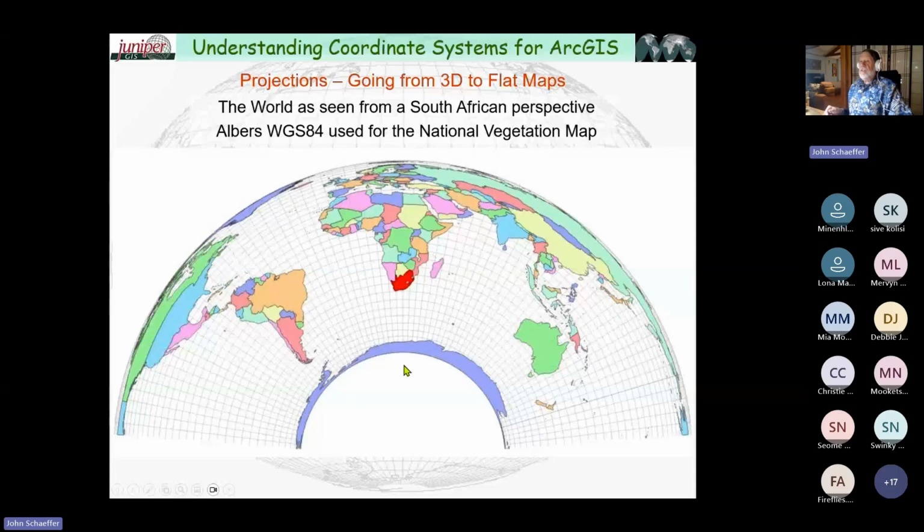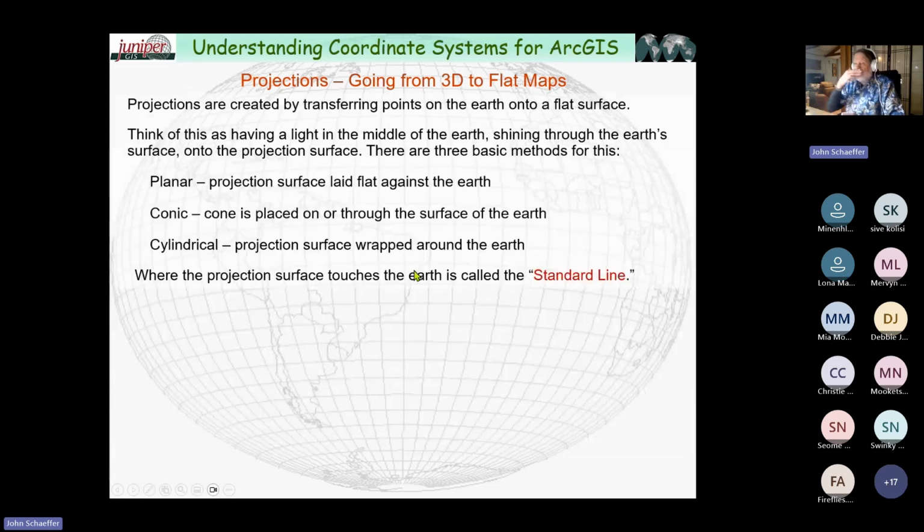And this is the Albers WGS 84 used for the National Vegetation Map that Debbie gave me, which I use for some of the slides I'm working on here. So you can see they're all different projections, but each projection is designed for your area of interest, and it's just going to distort the rest of the world. That's just the way it is.